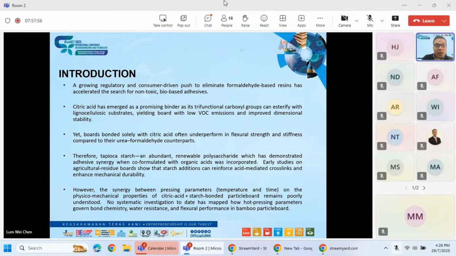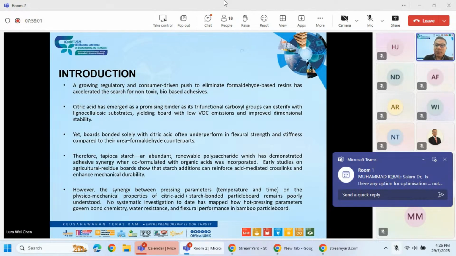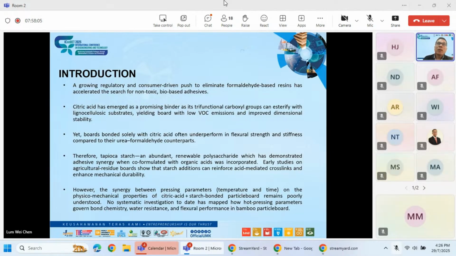All right. So if we substitute urea formaldehyde with citric acid, the board we produce will give very good dimensional stability, but normally with lower mechanical strength, structural strength, and stiffness. Therefore, in this research, we try to incorporate tapioca starch, which is a renewable polysaccharide, into the citric acid formulations.